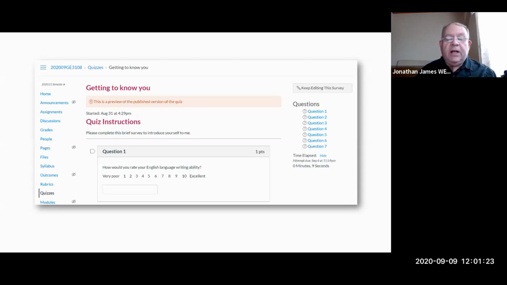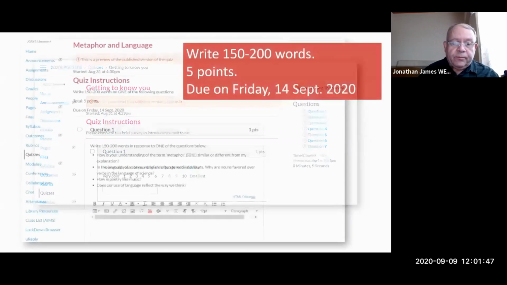And I'll give you a bit of time toward the end of the lesson. It's very quick, just some questions that let me get to know you better and let me know who's in the class. All right, so please just do this. It's not assessed. I'm not marking you on it, but it would be useful and helpful to me. So I appreciate it if you do it.